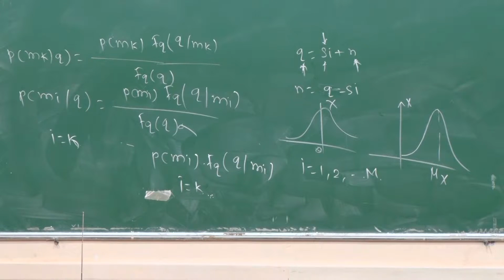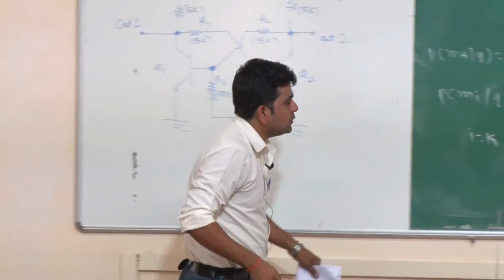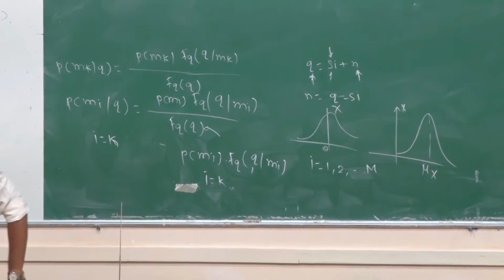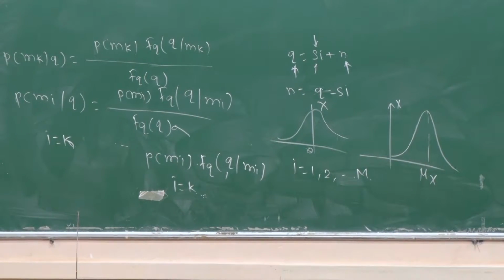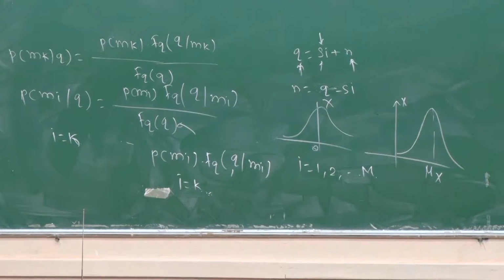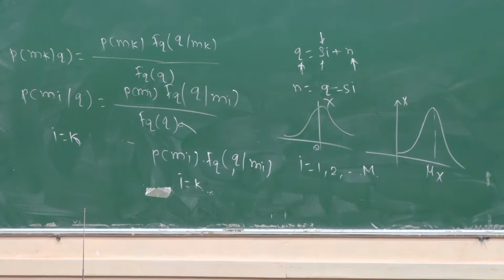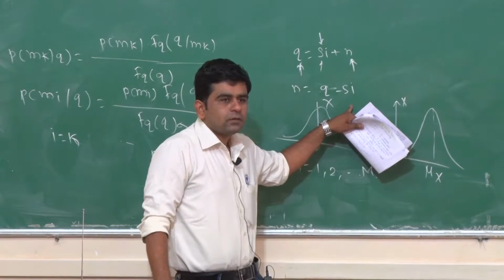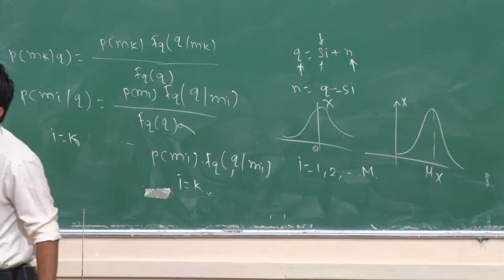Therefore, write down the probability of Q given mi. This is the conditional probability. We are finding the probability of Q, but mi should be transmitted prior. So the probability of Q given mi is equal to the probability of n, that is equal to q minus si.